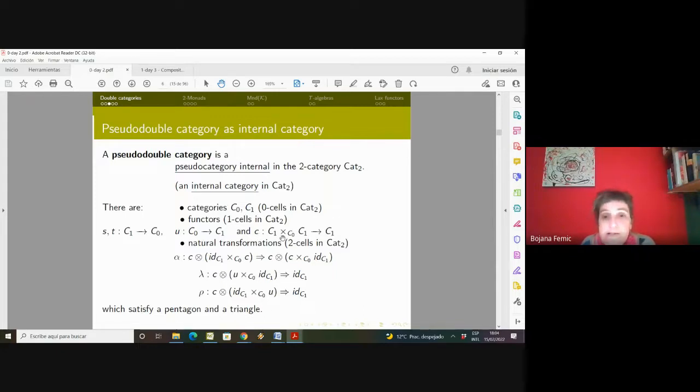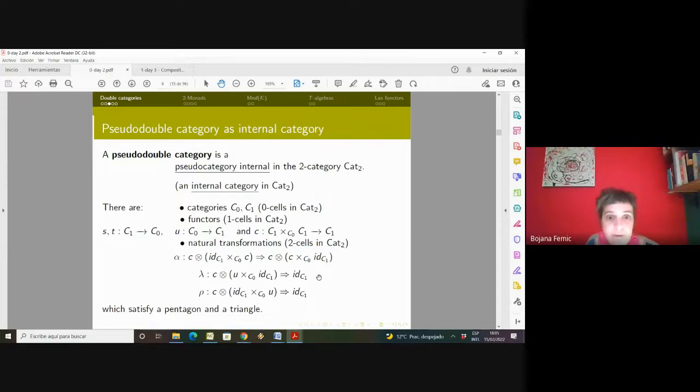The crucial thing is this C, that its composition is not anymore strictly associative. So that means that the horizontal 1 cells, their composition, will not be strictly associative.